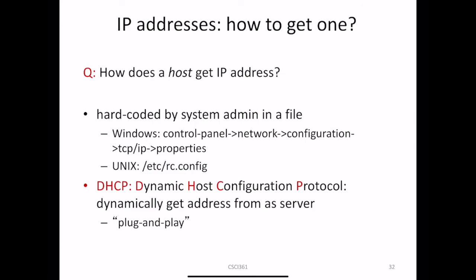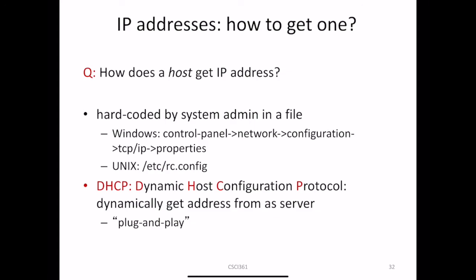Then let's see. We talked about the IP address. Then the question is how to get an IP address. Where can we get an IP address? The first solution is we can ask the network administrator for an IP address.